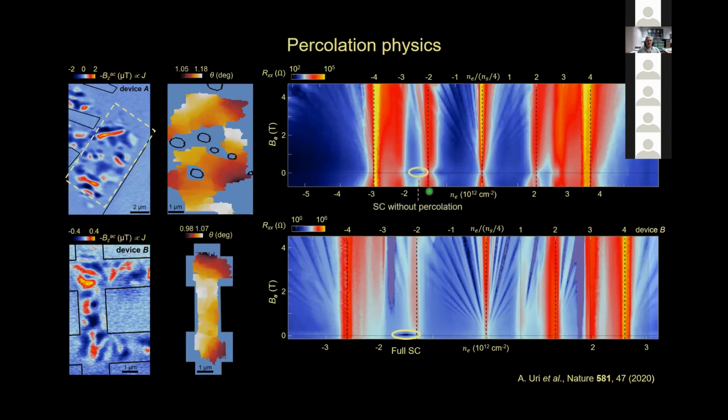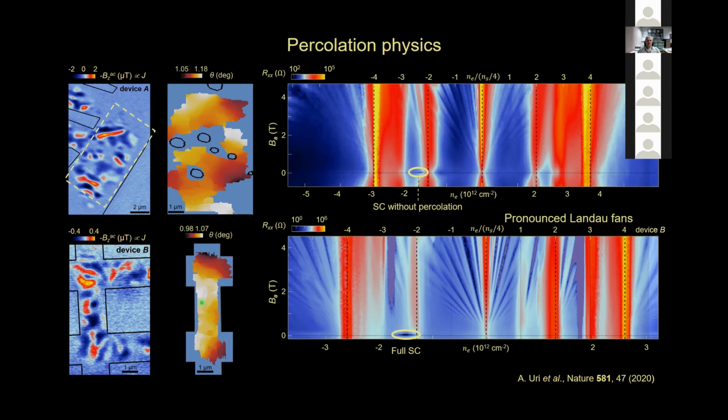If we look at this sample, in contrast, we saw some suppression, but it goes down to only a couple of hundred ohms, maybe also here. But obviously, once you know the map of the twist angle, and assuming the twist angle has to follow some specific theta or some range of thetas, there is no percolation of superconductivity between these two voltage contacts, and therefore the resistance will never go to zero.